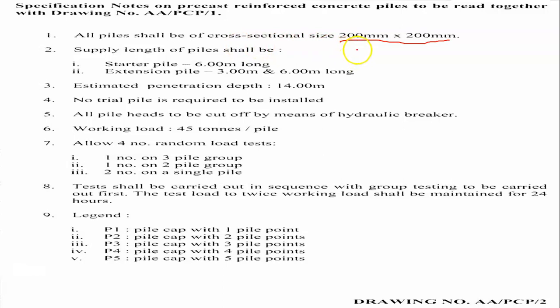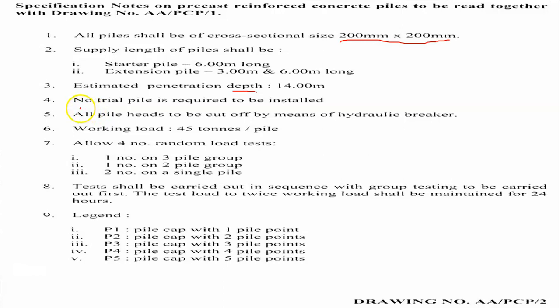We have 200 times 200, and then they also give to you the supply length of piles. Starter pile or initial pile is 6 meter long, extension 3 meter and 6 meter. Estimated penetration depth by the engineers is 14 meter.